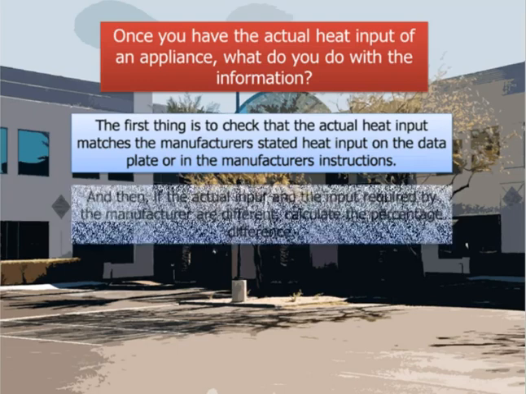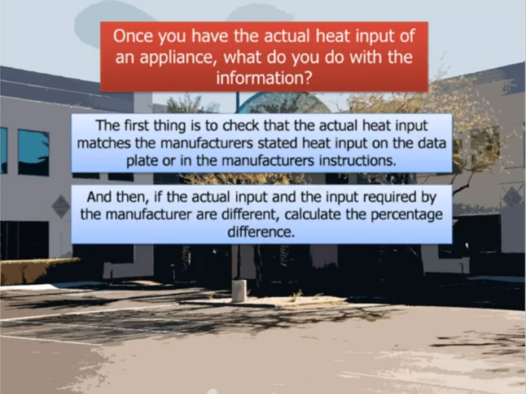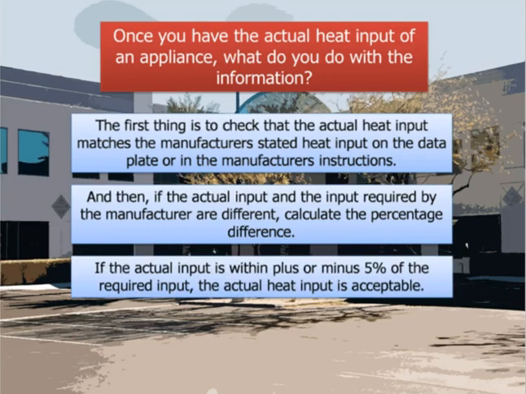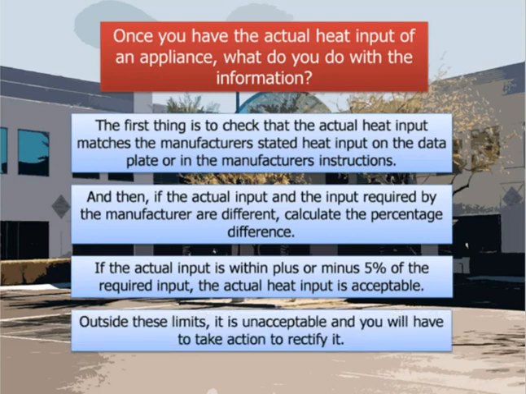And then, if the actual input and the input required by the manufacturer are different, calculate the percentage difference. If the actual input is within plus or minus 5% of the required input, the actual heat input is acceptable. Outside these limits, it's unacceptable and you'll have to take action to rectify.